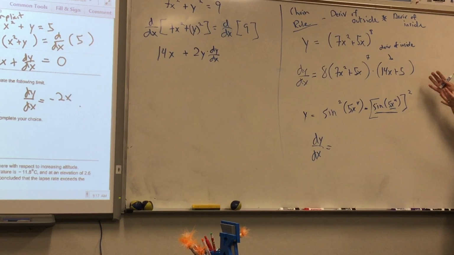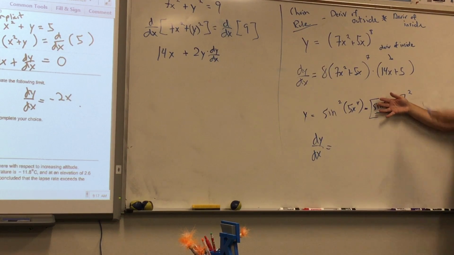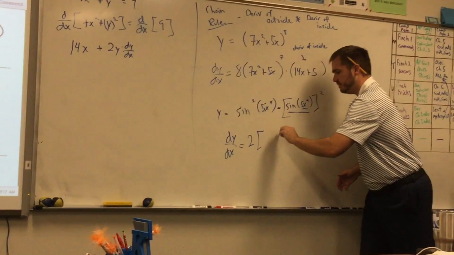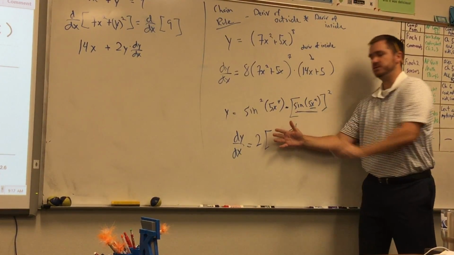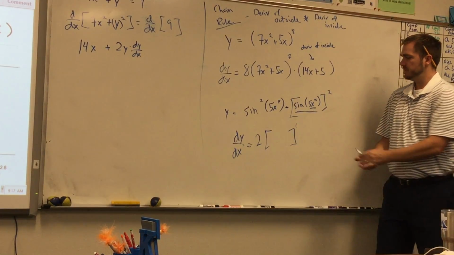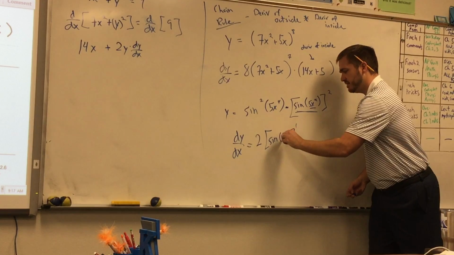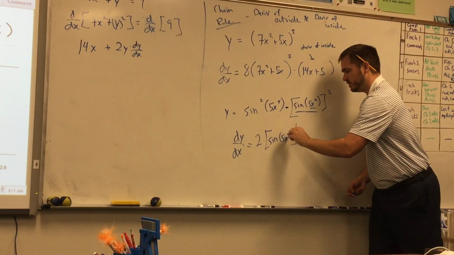So the derivative of this is going to be the derivative of the outside. So you have to look at the outermost thing. The outermost thing is blah squared. So it's going to be 2 times blah to the 1st. So the inside stays intact: sine 5x to the 4th.